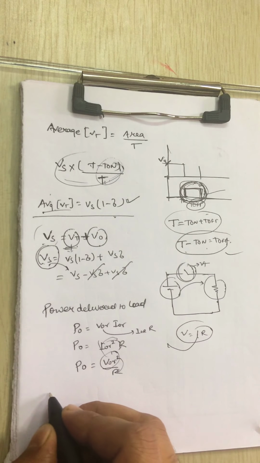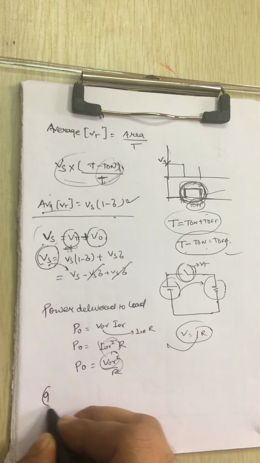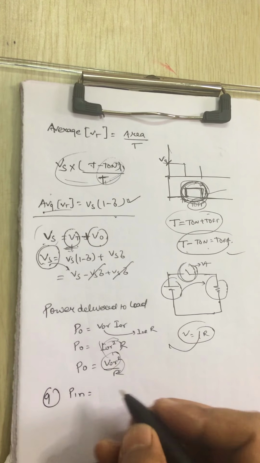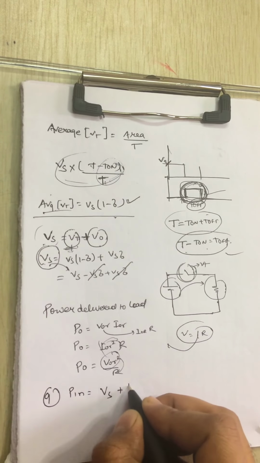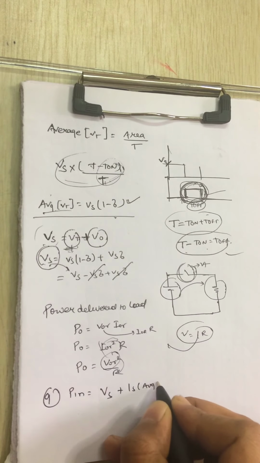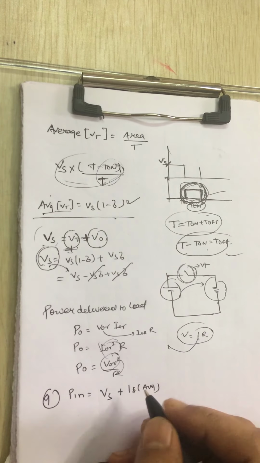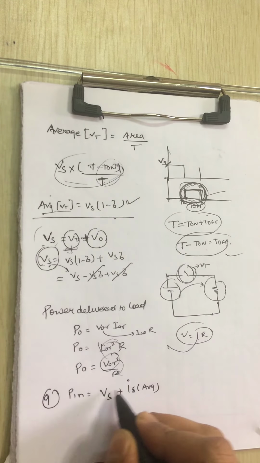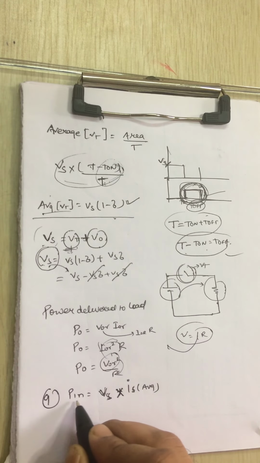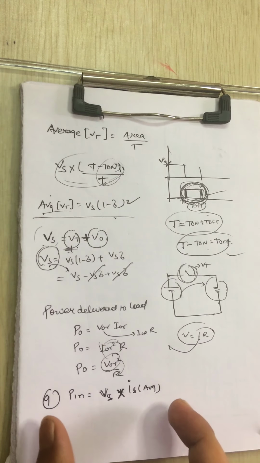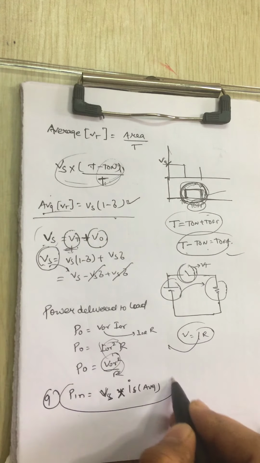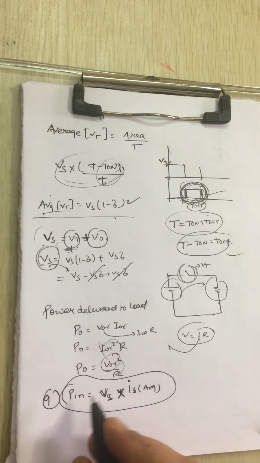Now the ninth parameter is input power. Input power is Vs into Is average.